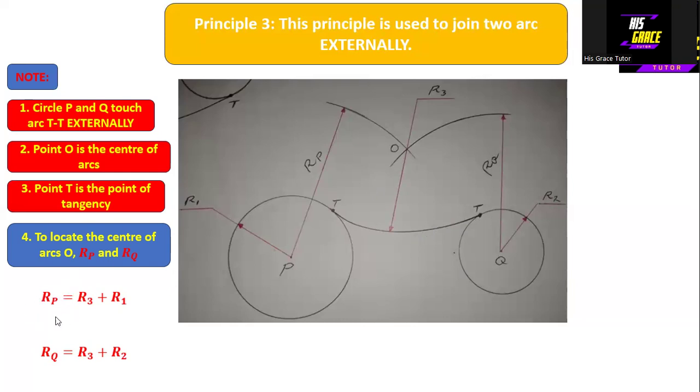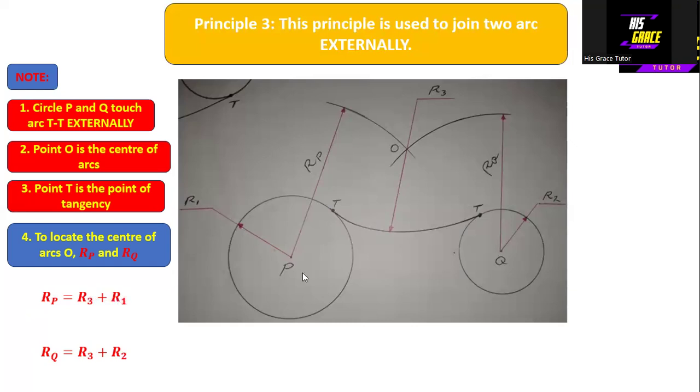Now, to find RP, we are going to add the radius of circle P and the radius of arc TT, which is R3. That means RP is equal to R3 plus R1.